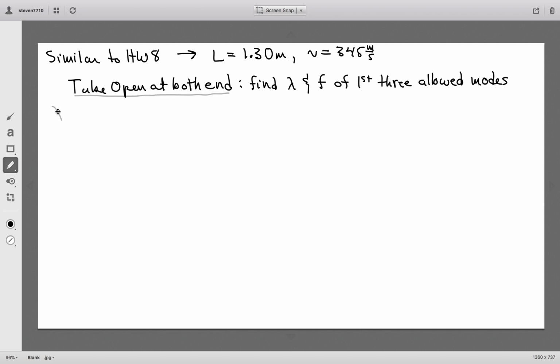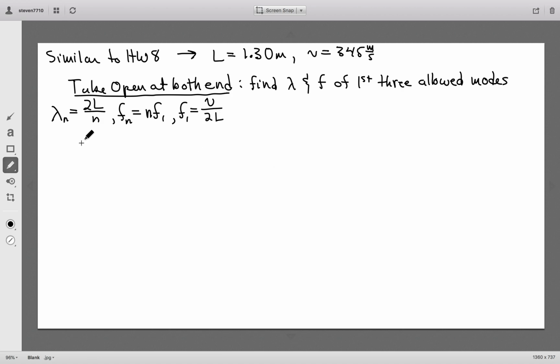We have the wavelength of mode n is equal to 2L over n. And we have the frequency of the nth mode equal to the mode number times the fundamental, where the fundamental frequency is v, velocity of the waves, speed of sound in air, over 2 times the length.